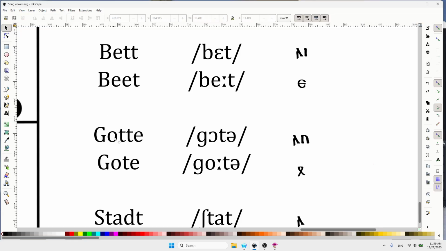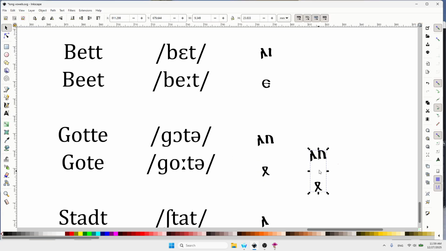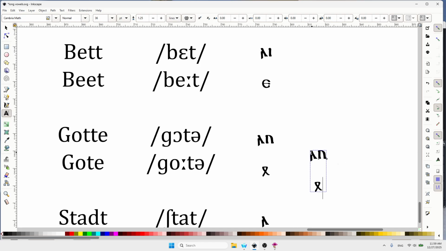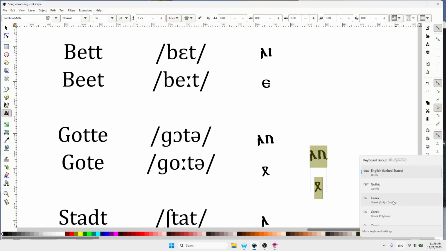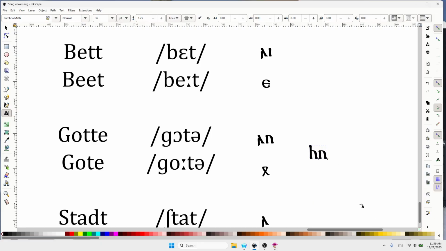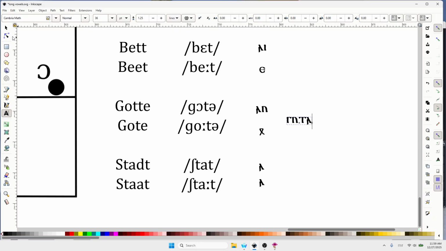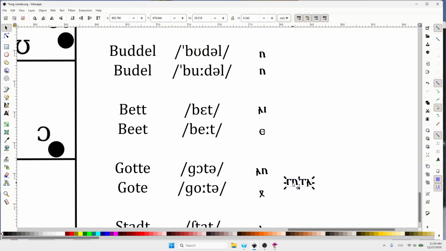For example, Gothic actually has a short U, so it's written like over here.